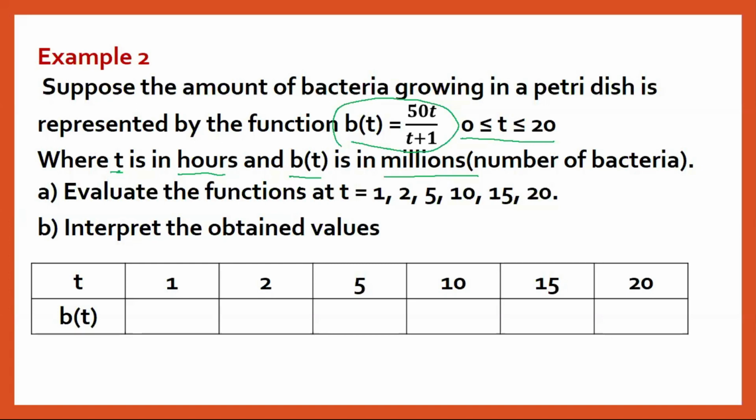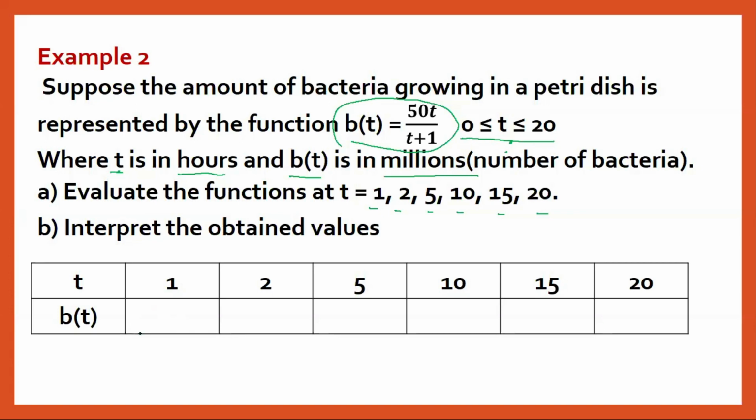Observe that the indicated values 1, 2, 5, 10, 15, and 20 match up with the given interval. That's very important. Since may given na interval, kung sakaling kayo mismo yung mag-a-assign ng values, dapat pasok siya sa interval ng given. Dapat from 0 hanggang 20 lang siya.